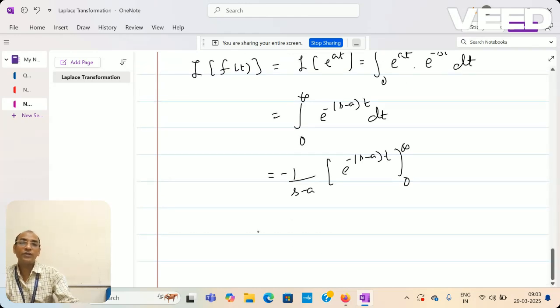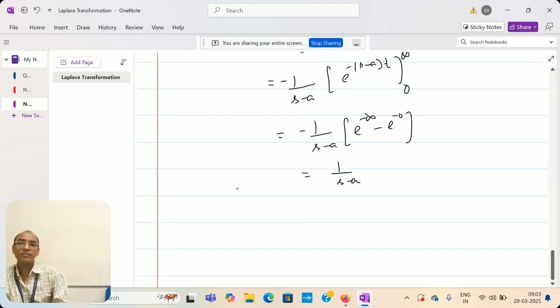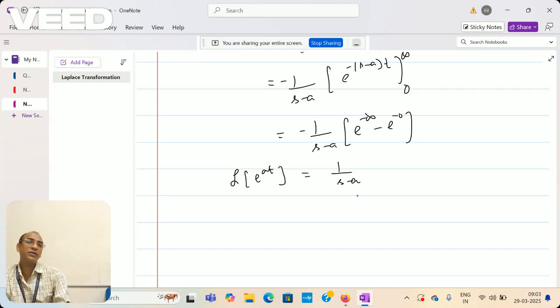If you simplify it, finally we will get minus 1 by s minus a, times e to the power minus infinity minus e to the power minus 0, and so finally we will get 1 by s minus a. So the Laplace transformation of e to the power at equals 1 by s minus a.